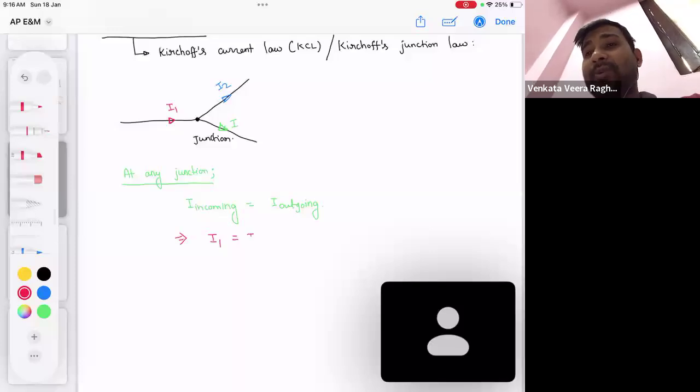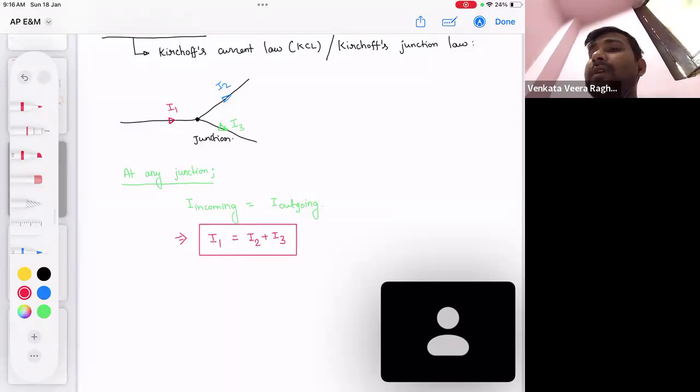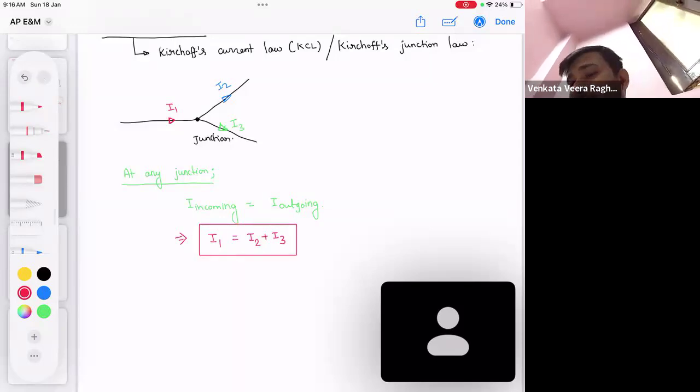And the outgoing currents are I2 and I3. So I1 must be equal to I2 plus I3. This is one form of Kirchhoff's current law.